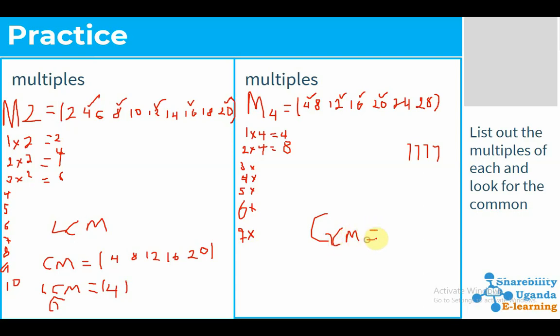Our greatest common multiple will be equal to, you come back and identify our common multiples. You have a 4, 8, 12, 16 and a 20. Which multiple is the greatest or the biggest? We can see a 20 is our greatest common multiple. That's how they get our LCM, and that's how they get our greatest common multiple.